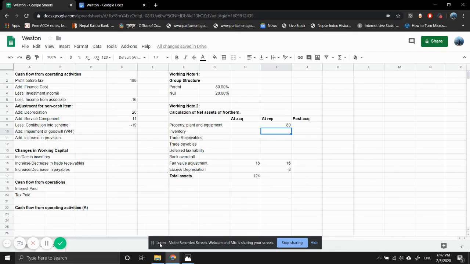That means, what do we need to do with this? If the PPE has not been adjusted, it should be added by 16. So it will be plus 16 minus 8, so plus 8, right? But we don't need to do that first. That figure will be added down here, right?